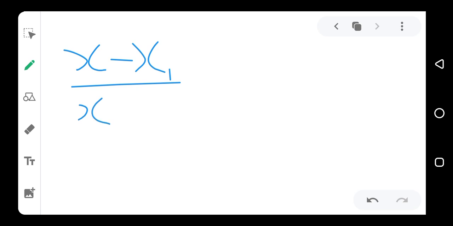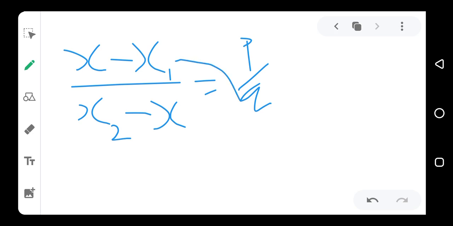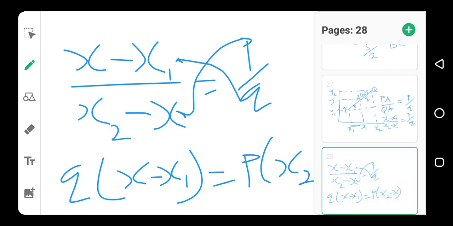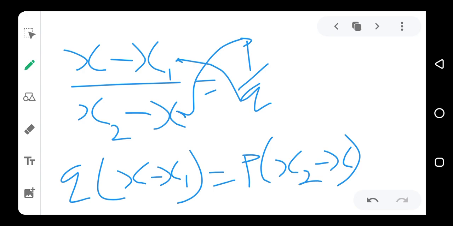Let me write it again here. Now this means that if we do cross multiplication, we have that from that we use Q and multiply everything inside and use P and multiply everything inside here.